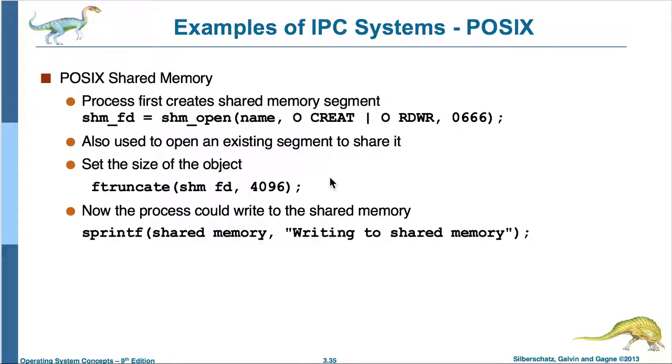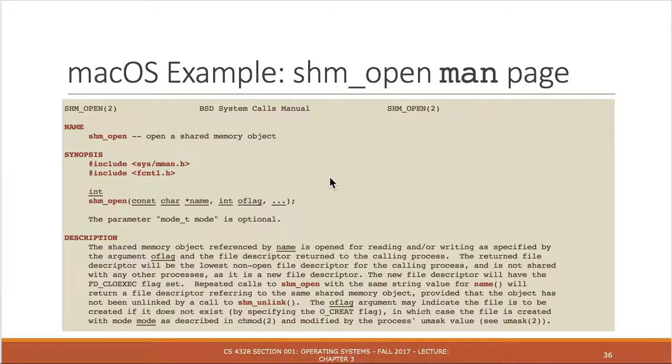Let's jump into this a little bit deeper to get a feel for this. One of the best ways, as we've discussed in the past, is to look at the man pages for these respective system calls on a POSIX system, for instance Mac OS, being a POSIX system.